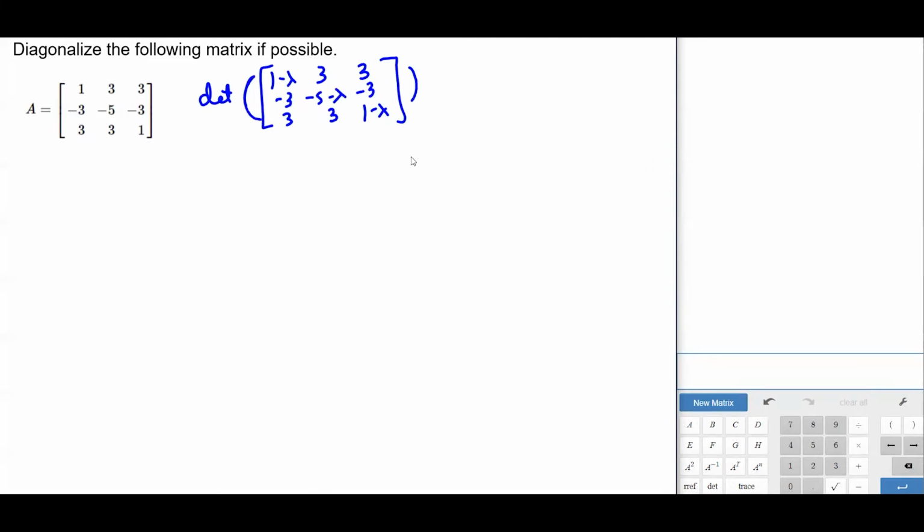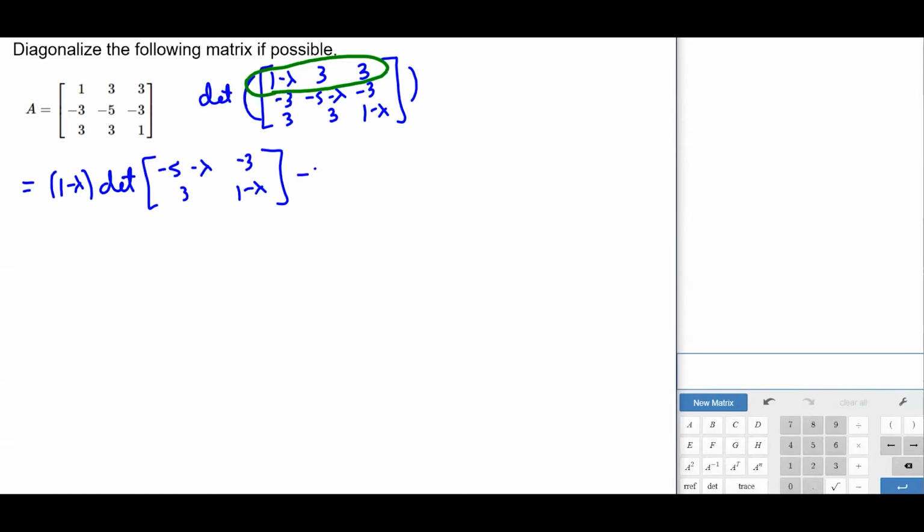So we'll have to use cofactor expansion here. I don't think there's any way out of picking a better row than the other. Let's just expand this first row. We'll just have to work it all out. So I get 1 minus lambda times the determinant of -5 minus lambda, 3, -3, 1 minus lambda.